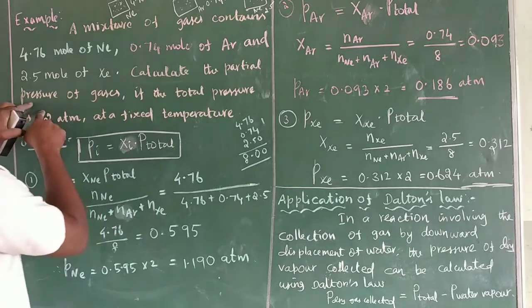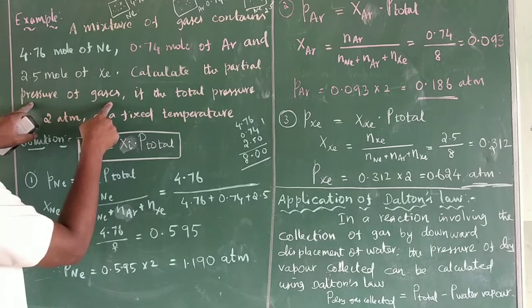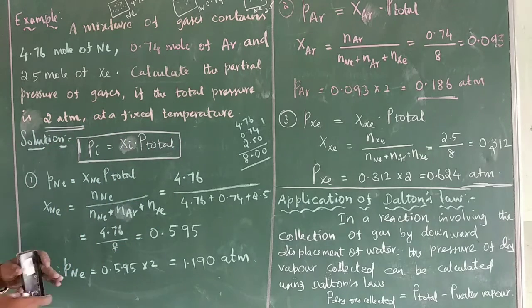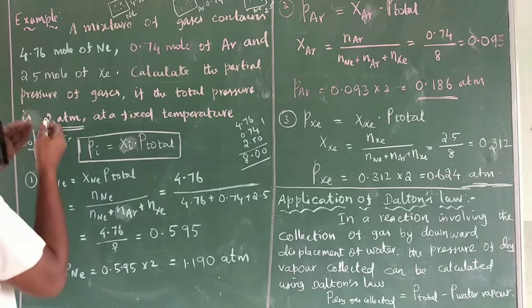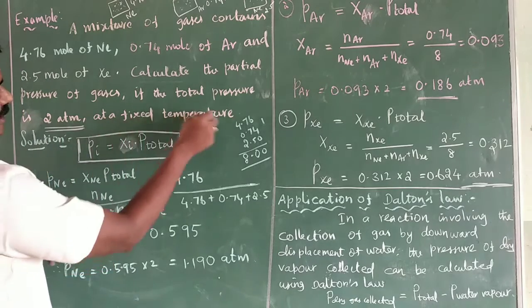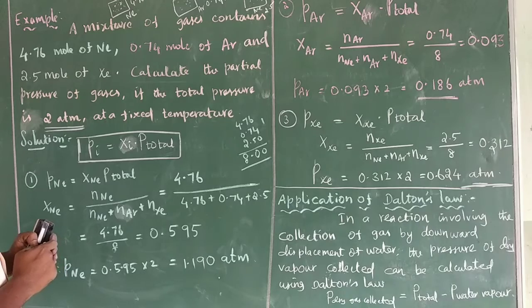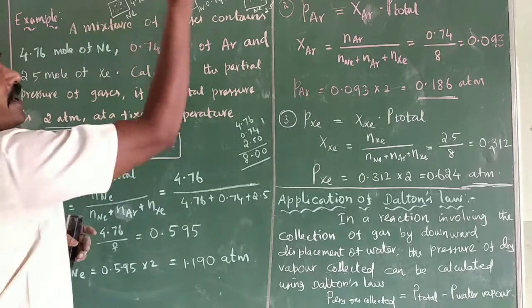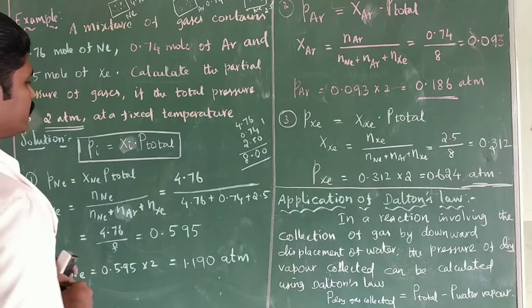Calculate the partial pressure of the gases if the total pressure is 2 atm at a fixed temperature. So calculate the partial pressure of neon, argon and xenon.